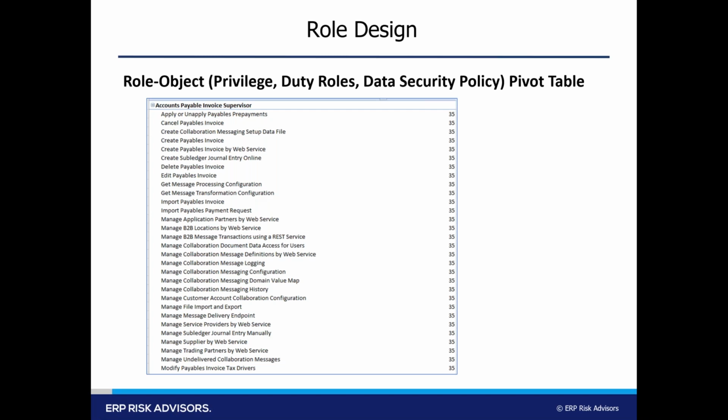So I'm going to be less likely to remove something from a role that I think it might need, unless I really understood these privileges in detail. And that's what we do through ERP Armor: we understand these privileges in detail.